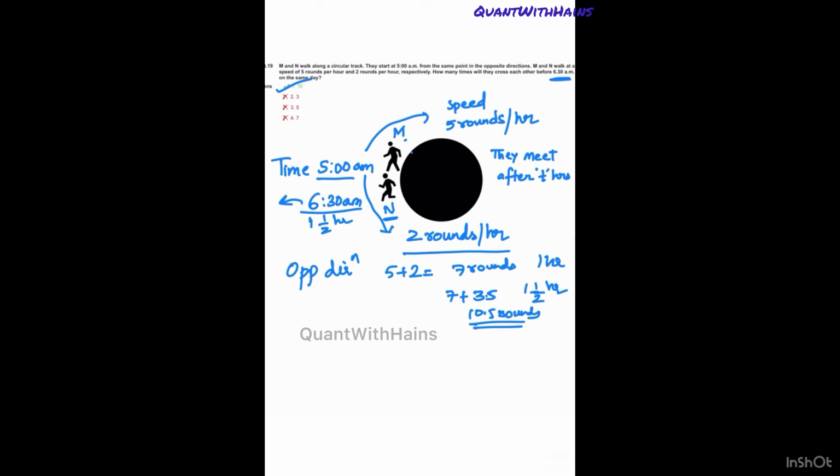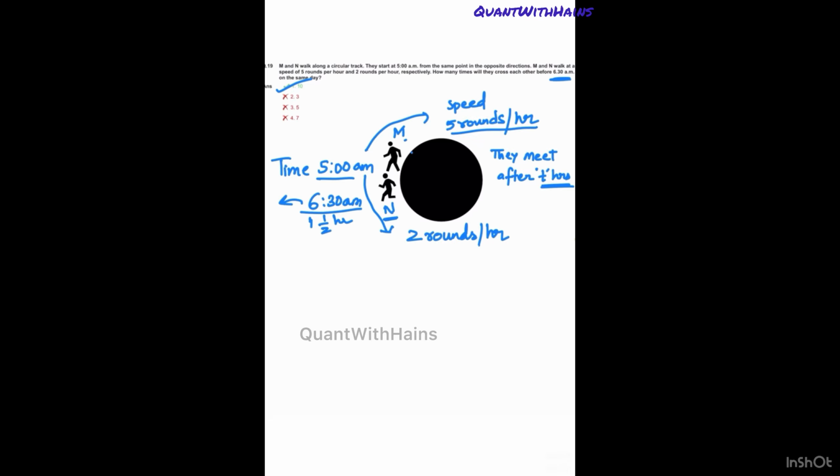Now how do we understand this with the concept? We have used relative speed. How do we get this? Let us think that they'll meet after t hours. M's speed is 5 rounds per hour. In 1 hour M will do 5 rounds. But before that they'll meet somewhere after t hours.